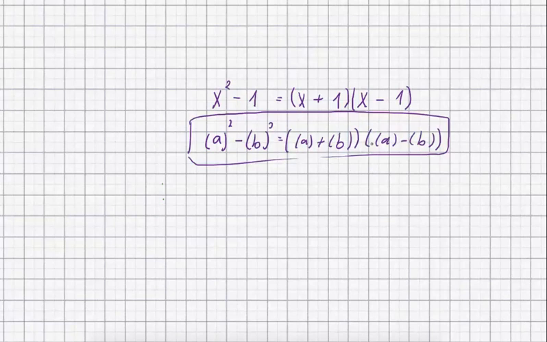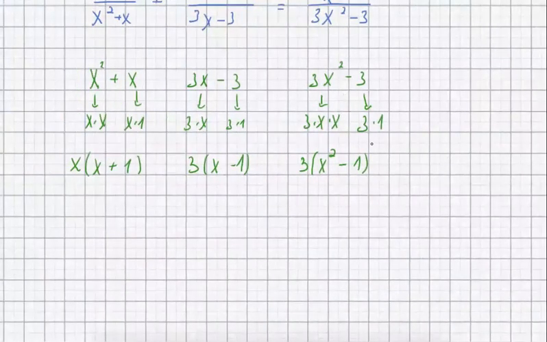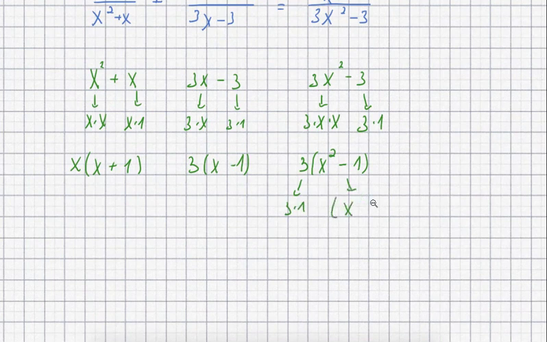Understood? Yep. All right. So something is wrong here. This is 3 times 1, and this is x. You know what, we don't need to write this 3 times 1, sorry.